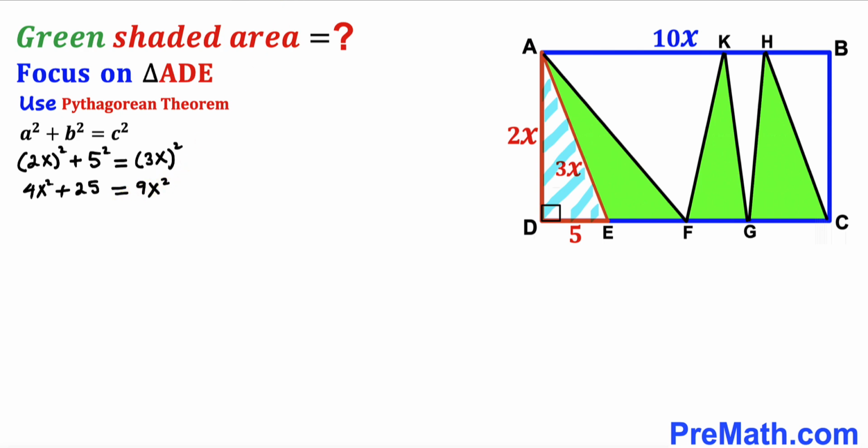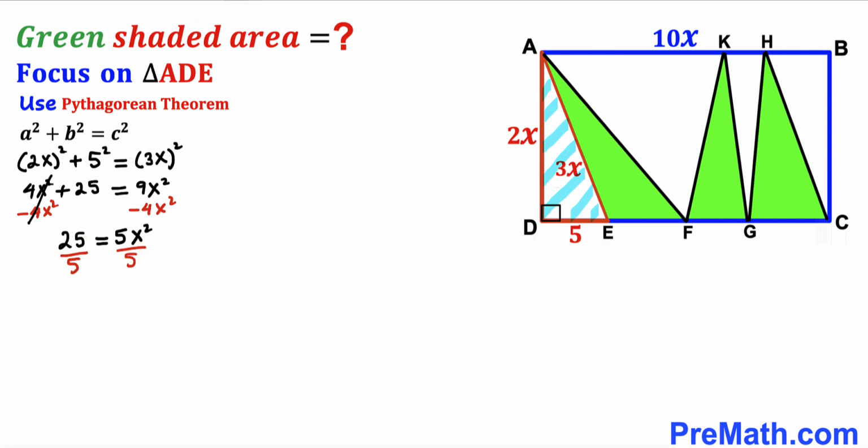equals 9x square. Now I am going to subtract 4x square from both sides. Here we can see that this is gone on the left hand side. So we end up with 25 equals 5 times x square. Now I am going to divide both sides by 5.